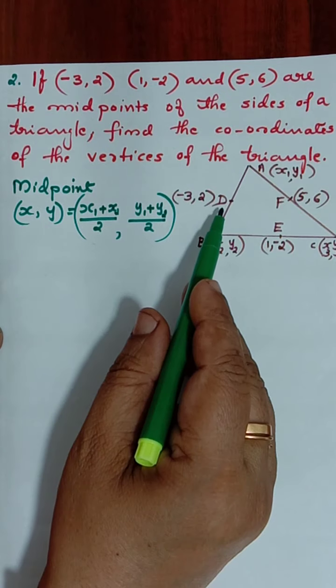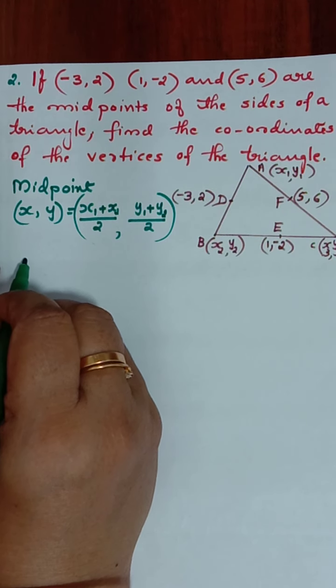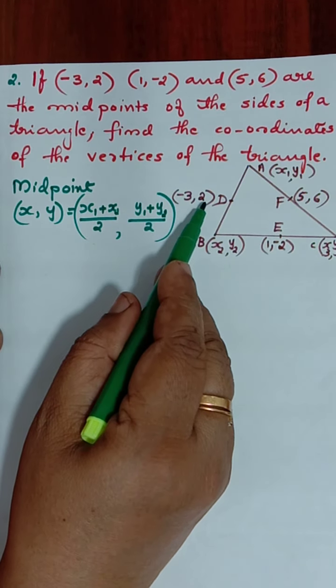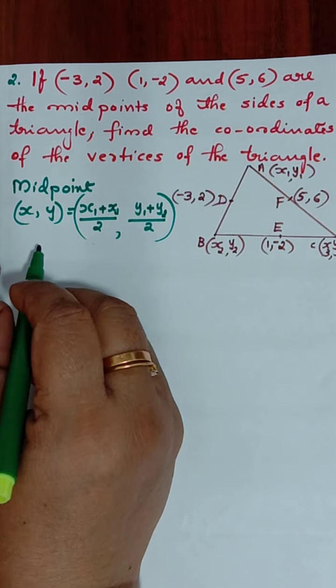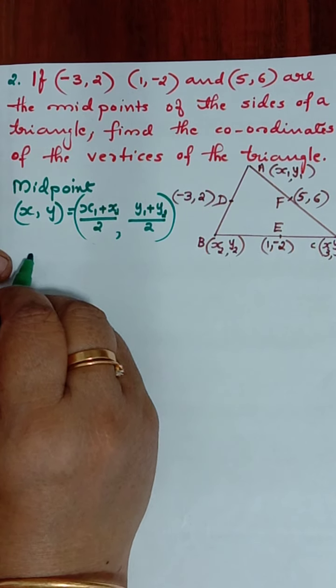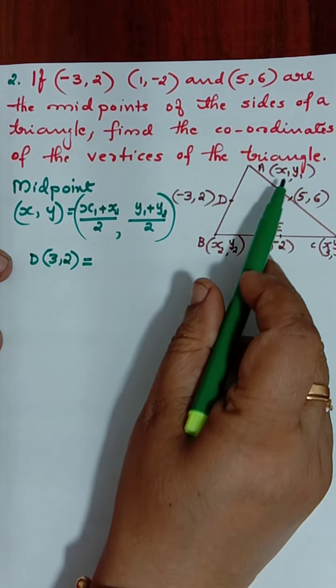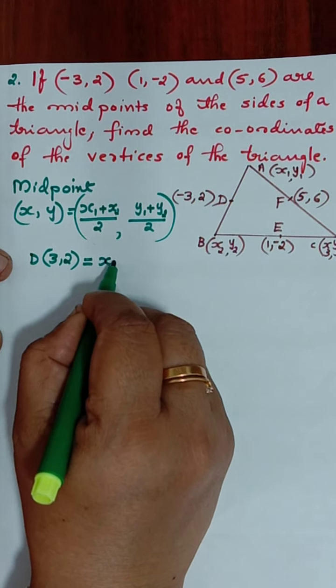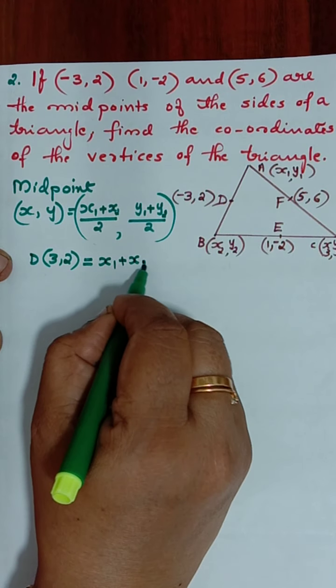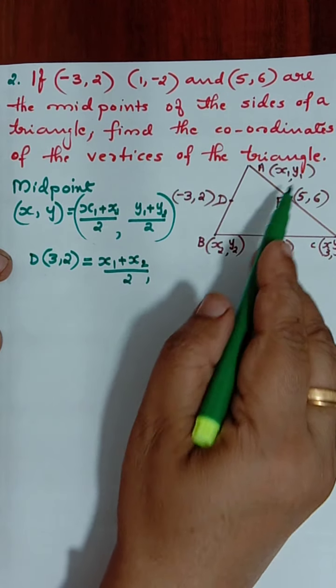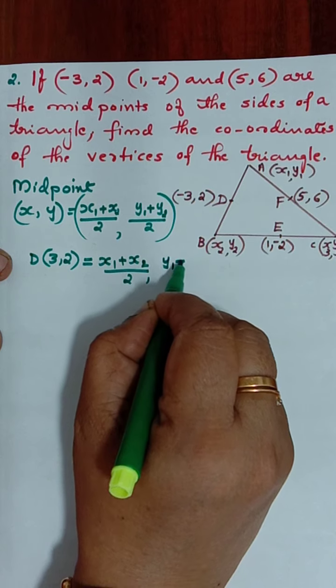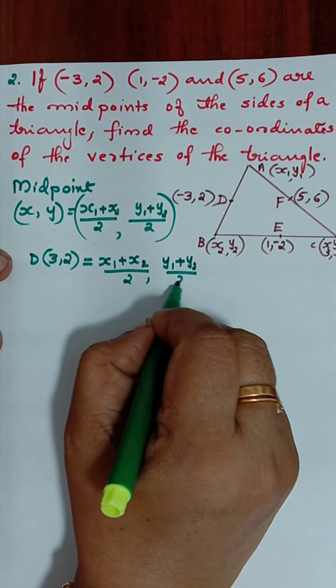Therefore AB's midpoint is D, (3, 2), which is equal to ((x1 plus x2) by 2, (y1 plus y2) by 2).